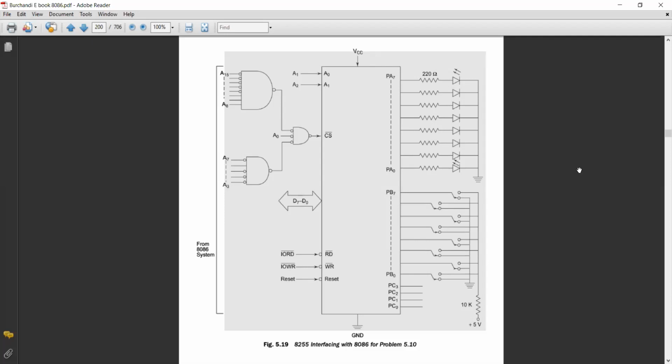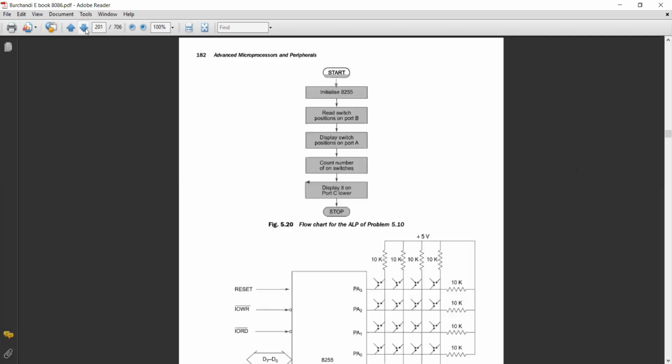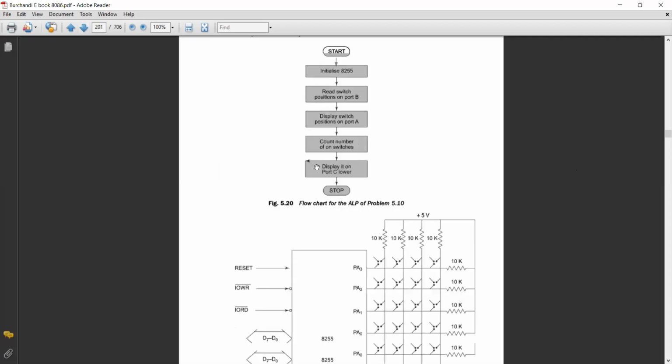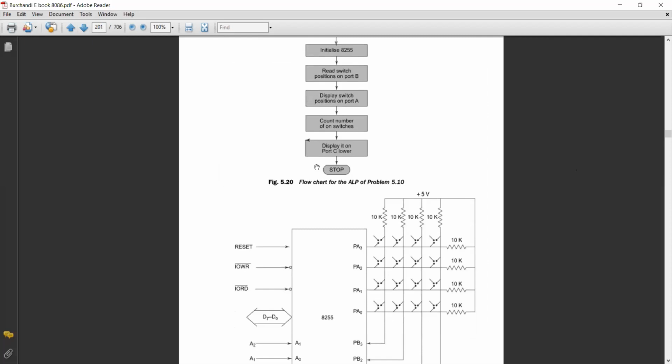Go to the next page, 182. This is nothing but keyboard interfacing, where which key is pressed is identified using row and column. Assuming this is the ground.